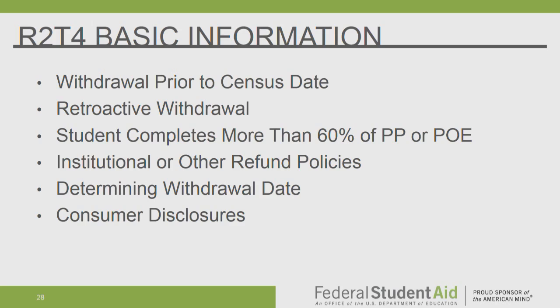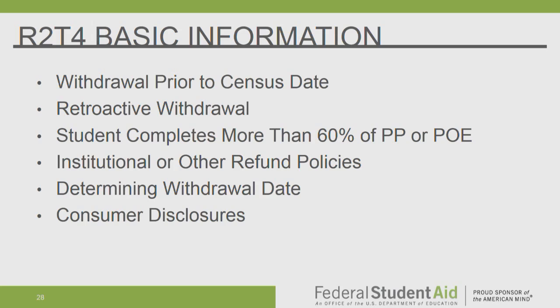Student completes more than 60% of the payment period. This is the only time in the calculation where you do not have to round down. If based on your calculation, the student earned 60.001, then 60.001 is over 60%. The student earned 100% at that point.